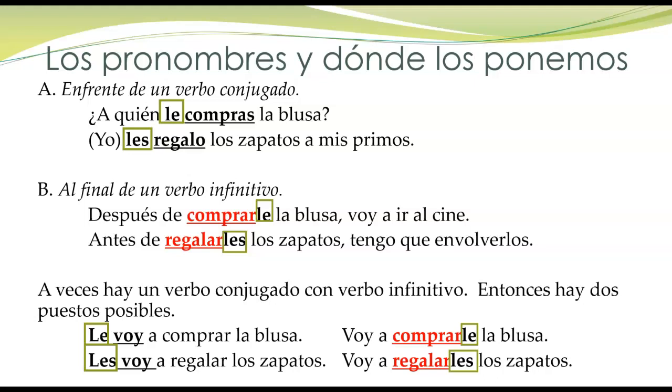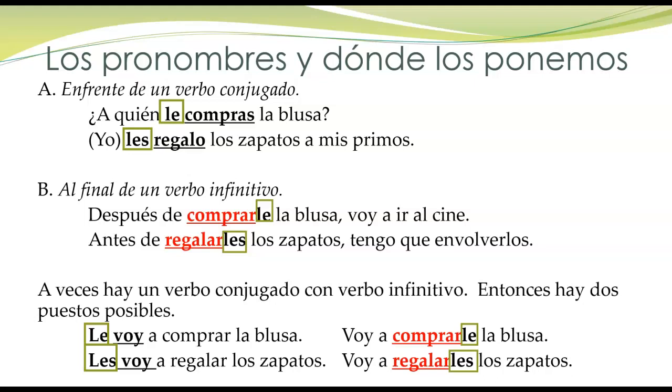So if we only have one verb and it's conjugated, that pronoun, that me, te, le, nos, or les, is going to go out in front of the verb. One verb conjugated, it goes out in front. ¿A quién le compras la blusa? Yo les regalo los zapatos a mis primos. Okay, so we see that the le goes in front of the compras and the les goes in front of regalo.